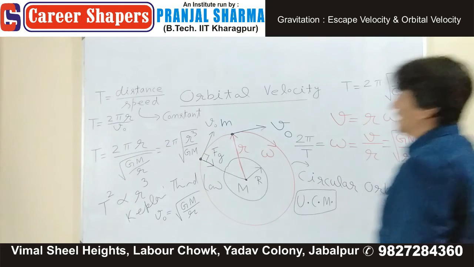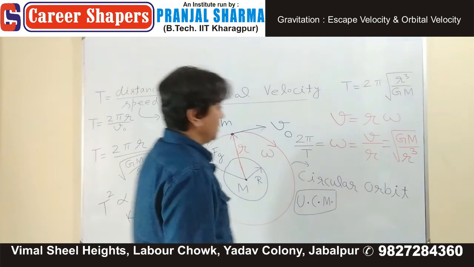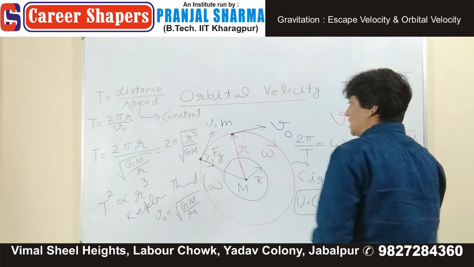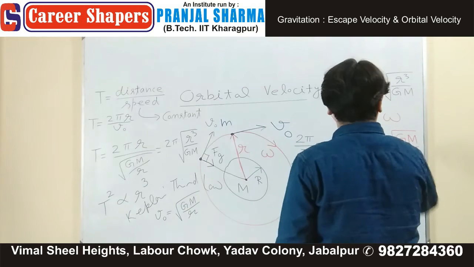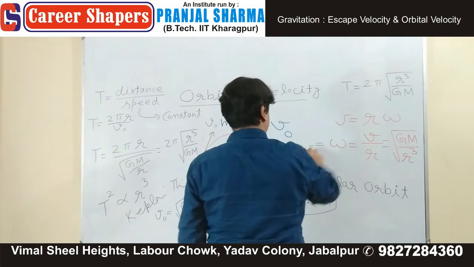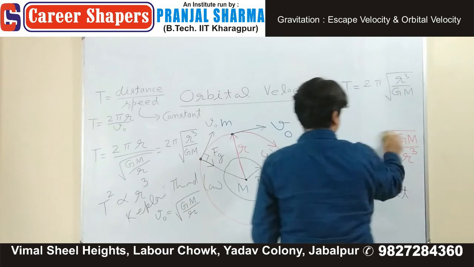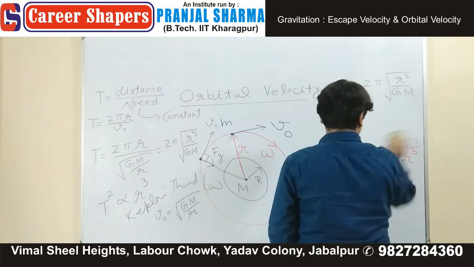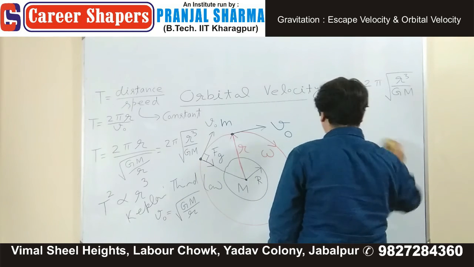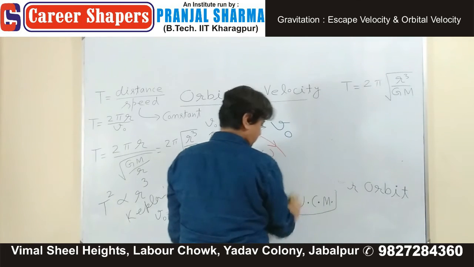Now, tell me this, if we increase the mass of satellite, if you double the mass of satellite, then what happens to orbital speed?